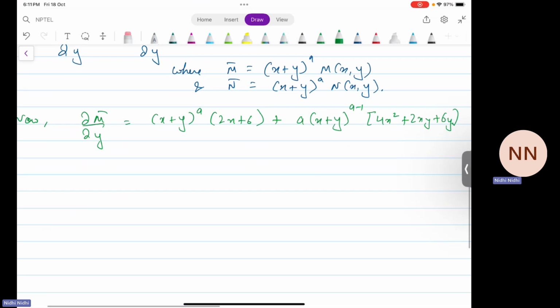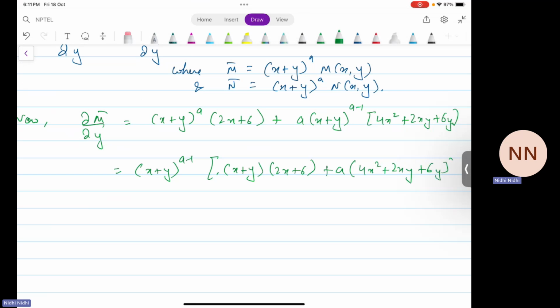If you evaluate this properly, it will turn out to be (x plus y) to the power a minus 1 times [(x plus y)(2x plus 6) plus a(4x squared plus 2xy plus 6y)].